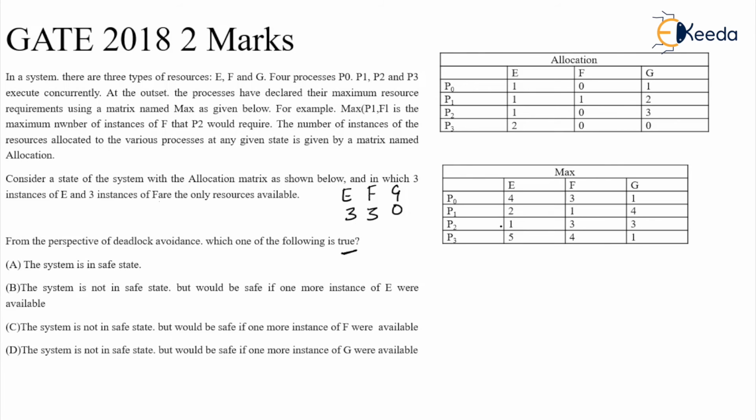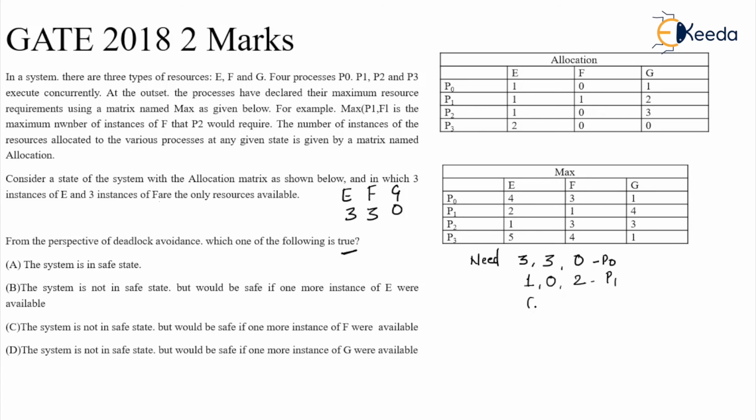Okay. So first in this case I need a need matrix, and let me just draw the need matrix. So 4 minus 1 is 3, 3 minus 0 is 3, and 1 minus 1 is 0. This is for P0. Then 2 minus 1 is 1, 1 minus 1 is 0, and 4 minus 2 is 2, that is P1.